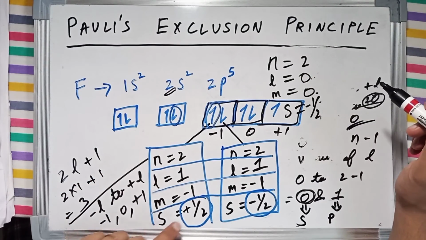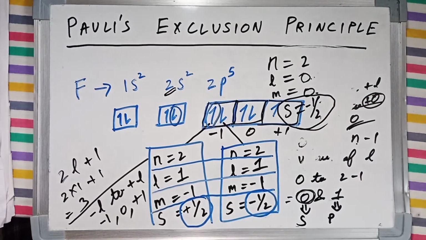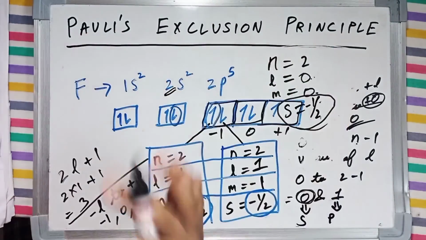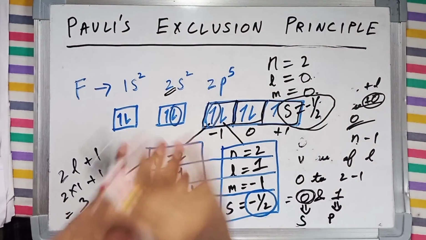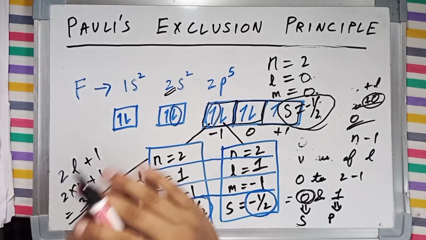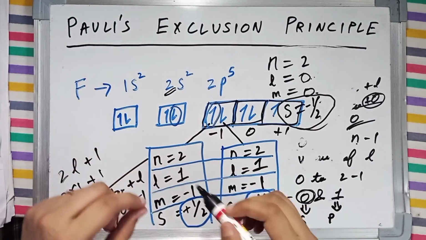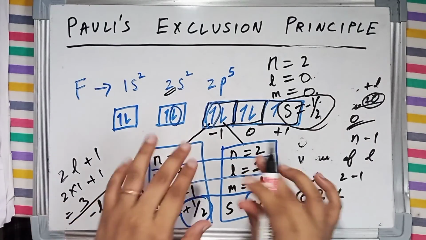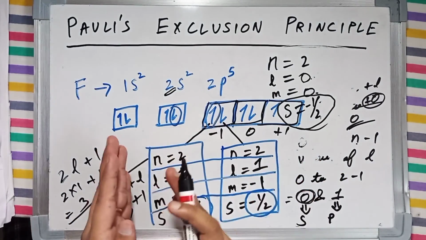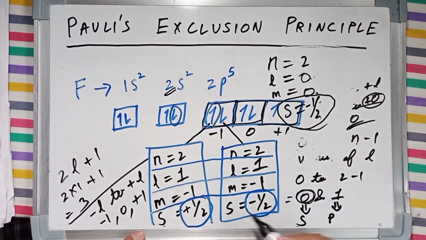The value of s is plus half, and the value of s in here is minus half. So Pauli's exclusion principle is basically this thing. It means that no 2 electrons can have the values of all four quantum numbers exactly the same. I mean, at least one of the values should be different from the other one. As in this case the value of s is plus half, whereas for this electron the value of s is minus half.